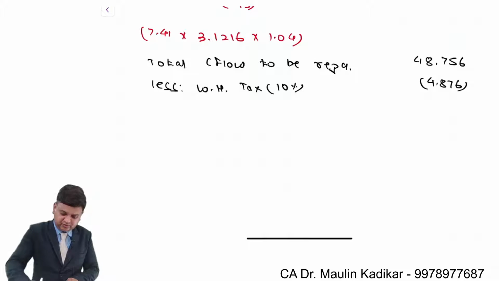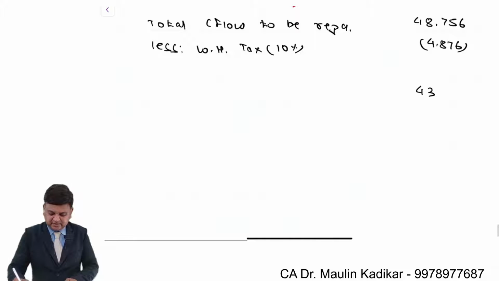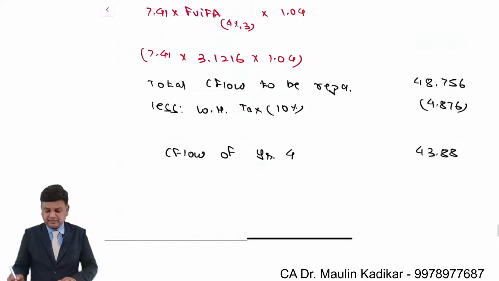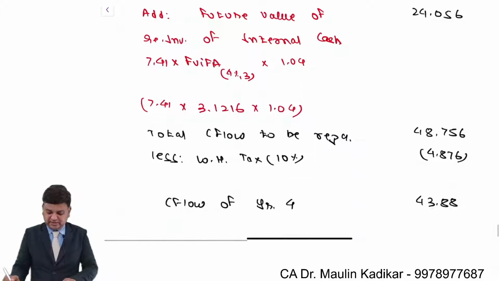So 48.756 minus 4.876 comes to 43.88. This is the cash flow of year 4. This is what we understand, and you can see it is exactly matching with this one.